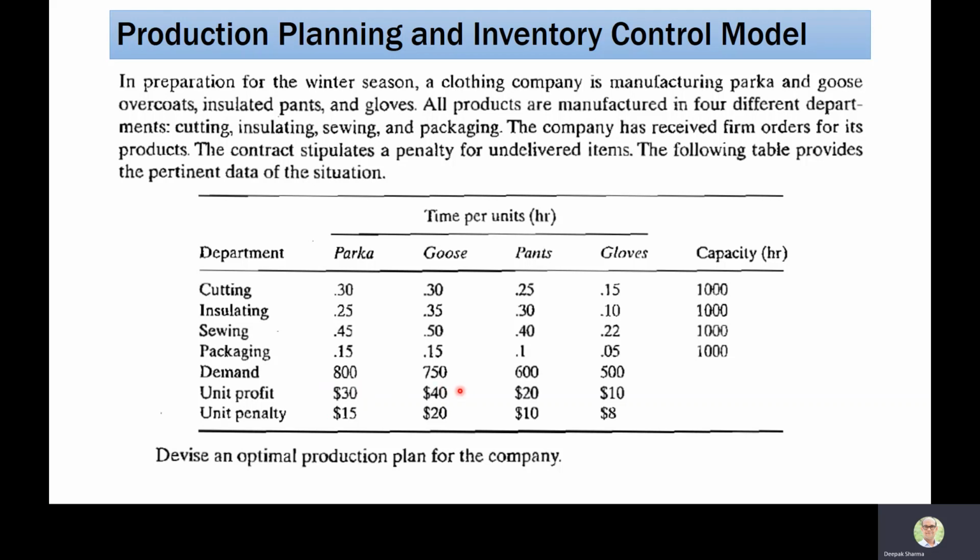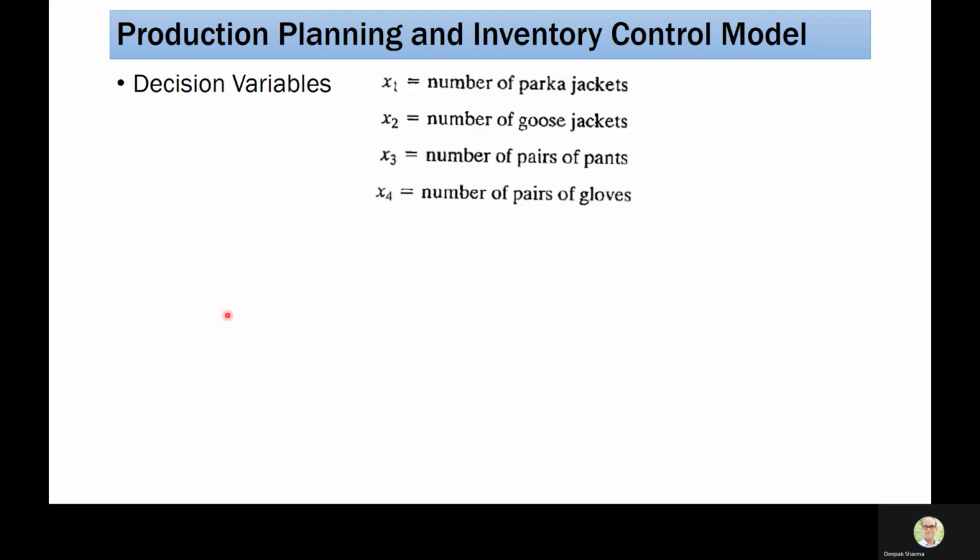Similarly, X2 amount of Goose overcoats we are producing, X3 amount for pants and X4 amount for gloves. If we make this, this much profit we are going to get. Similarly, for the penalty, suppose S1 amount we are unable to deliver. Similarly, S2 amount, S3 and S4. So let us take these things.